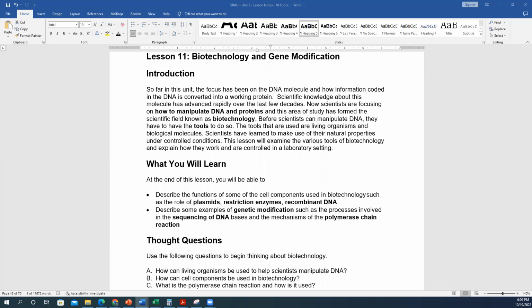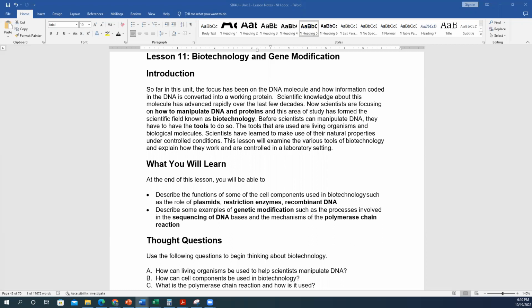So what we are going to talk a little bit about today is just to introduce you to some of the tools that scientists have at their disposal in order to manipulate DNA and as a result manipulate the proteins that are encoded by this DNA.